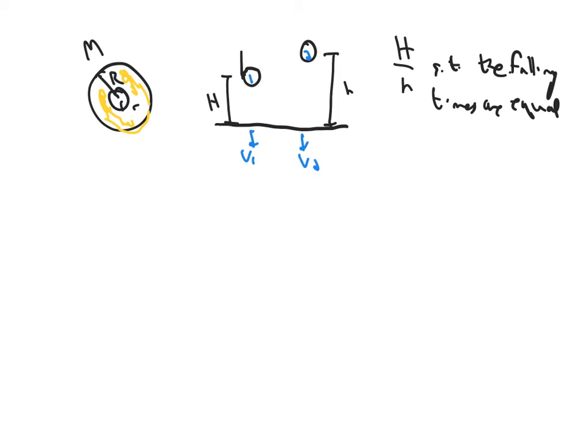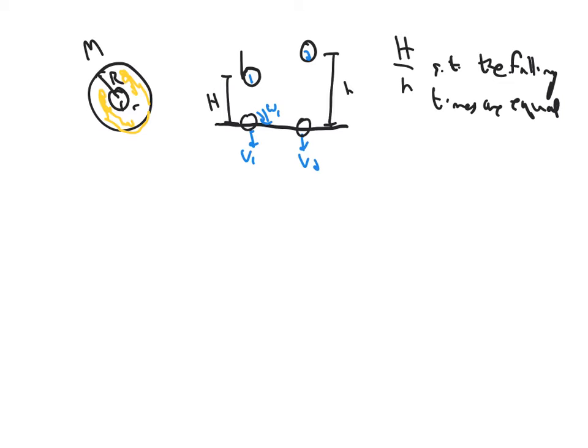Really, when they pass through the same point, maybe a little bit above the ground, just so there's no bounce and stuff. And right before hitting, object 1 is also going to have some angular speed omega 1. Of course, the one simply dropped doesn't have an angular speed.